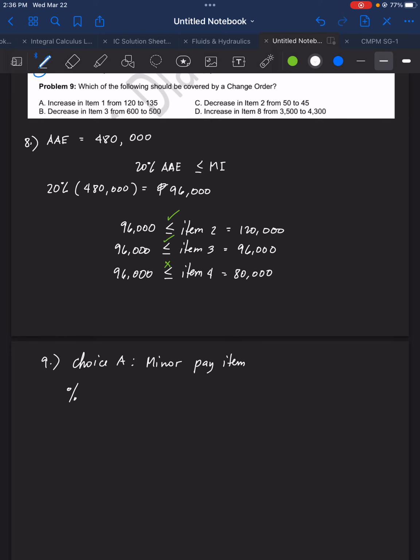For the percent increase, the difference of the increase is divided by where it increased from, so from 120.